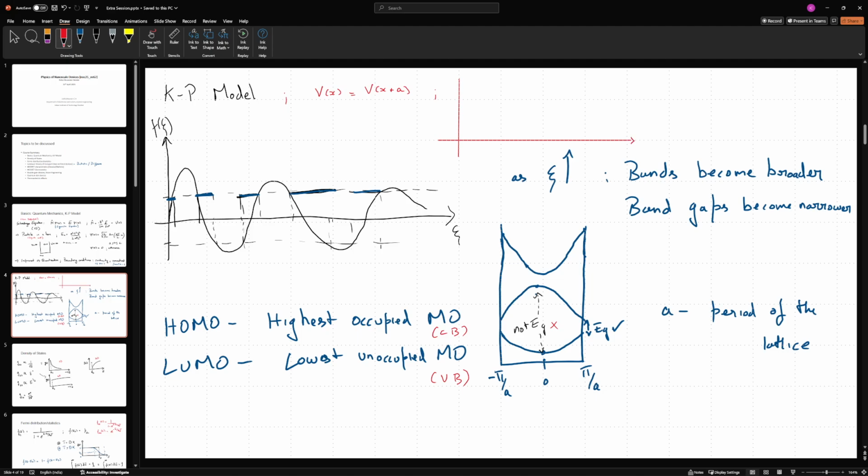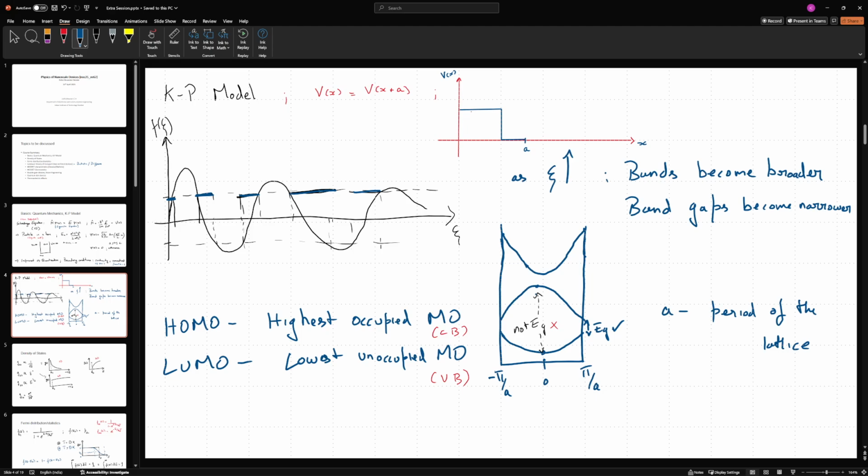Yes. So if we have this, then the potential is going to be, let me say a is somewhere over here. So this is x and this is V of x. So I'm going to have a potential like this. This is what we considered in the Kronig-Penney model.